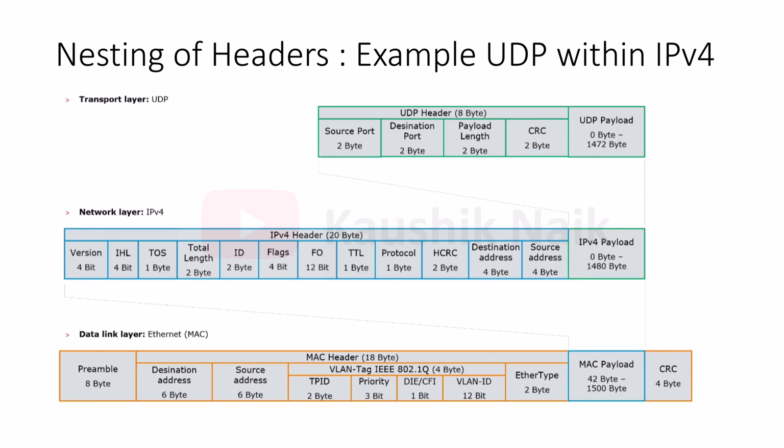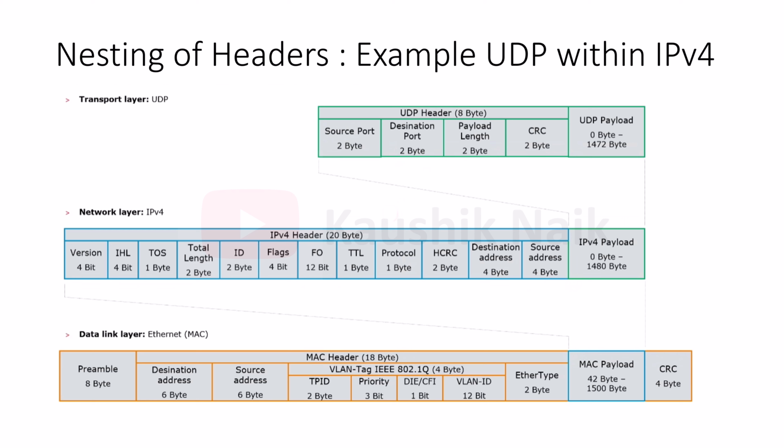From what we have learned so far, different headers of different layers of OSI are nested into the Ethernet frame format. Let's consider an example of UDP within IPv4. If we consider constructing an Ethernet frame for a sender message, the UDP header and the payload of the transport layer will be embedded within the IPv4 payload of the network layer.